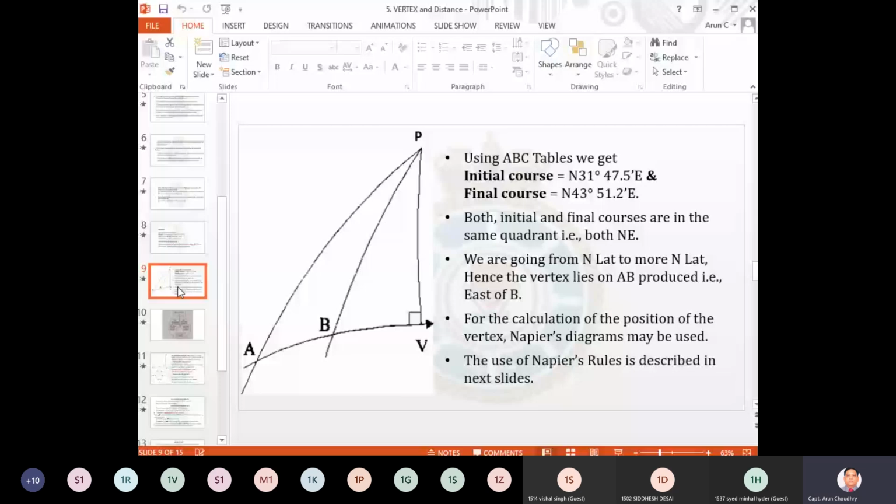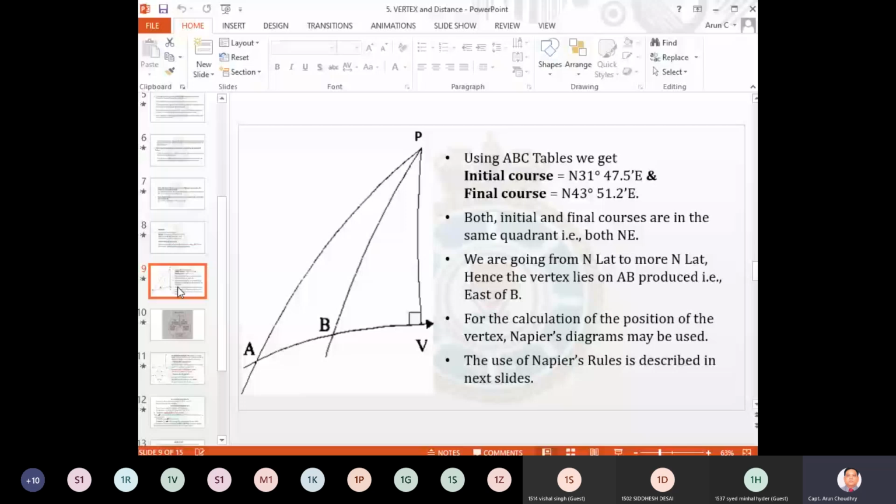And now see, this will be the diagram, something like this. Of course, initially you will not make it like this. It's only if you are able to calculate the course that you will make a diagram like this. If you had not calculated the initial course and final course, maybe you will not be able to make a diagram like this.